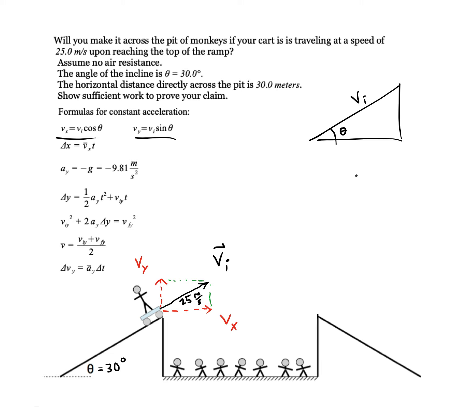So you remember from SOHCAHTOA, I'm sure, that sine of theta is the opposite over the hypotenuse, right? But that opposite is going to be the Viy, it's called, right? So you would have sine theta equals Viy over Vi. Therefore, Viy is Vi sine theta.